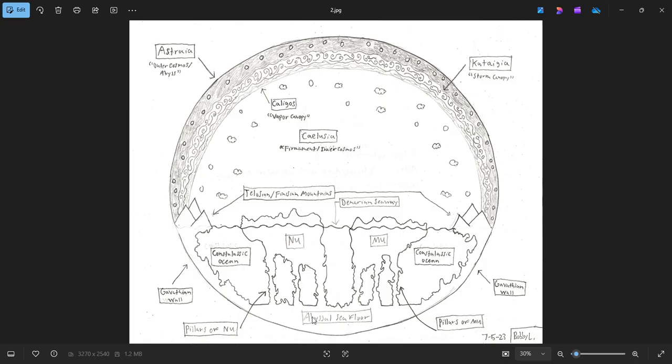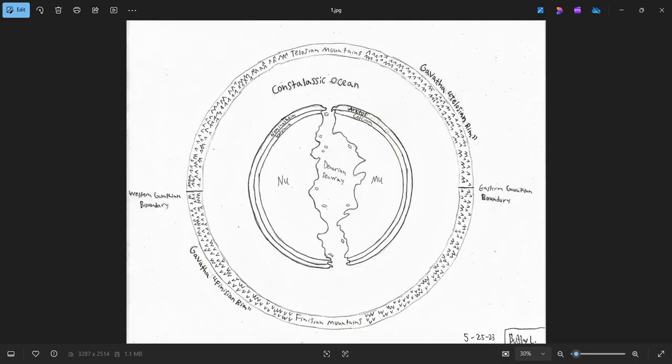The sea floor is, of course, the base, and the mountains are the rim of the bowl. Like if we go back, you can really see this. See, the mountains are like the rim of a large bowl, and within it are all of its contents.